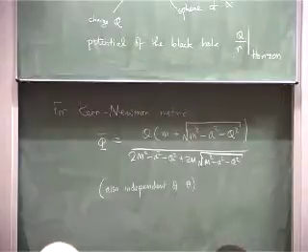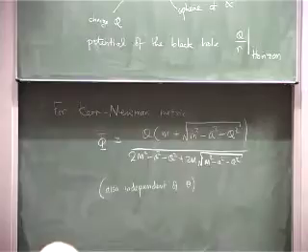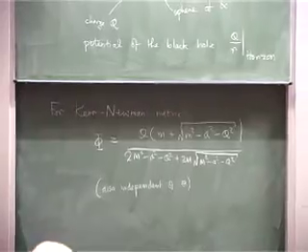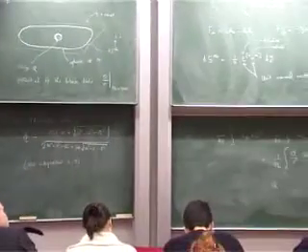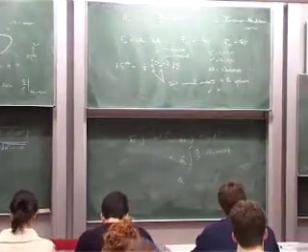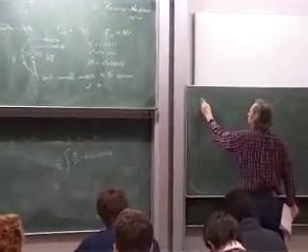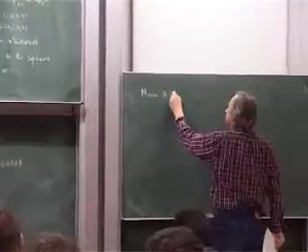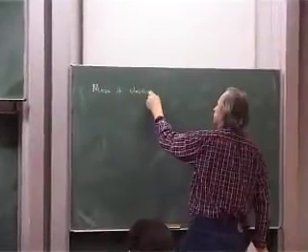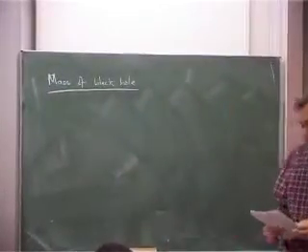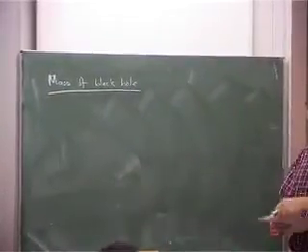Now, in some ways, gravity is very like electromagnetism. So you might say, well, if I can define charge like this, perhaps I can define mass in a similar way. Now, of course, there are many ways you can think about this.